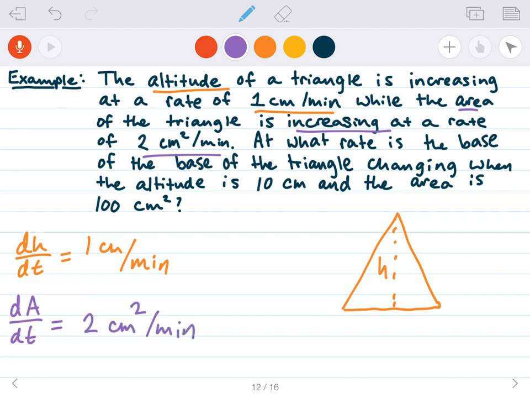It says, at what rate is the base of the triangle changing when the altitude is 10 centimeters and the area is 100 centimeters squared? So we have the altitude is 10 centimeters and the actual area is 100 centimeters squared.